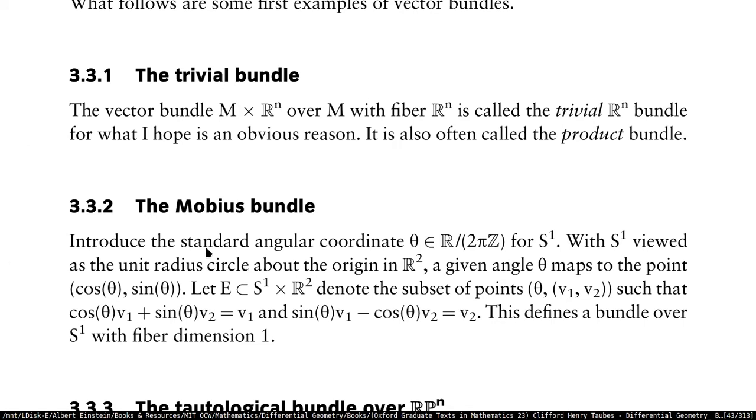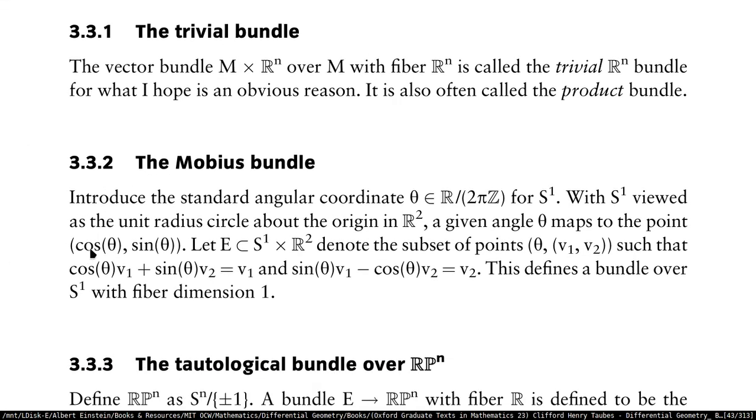What is the Mobius bundle? So if you try to have the angular coordinates for the circle, right? So theta is 2 pi times some real for the circle. So if you have S1 as the unit radius circle at the origin of R2, an angle theta gets mapped to the point cosine theta, sine theta, obviously.